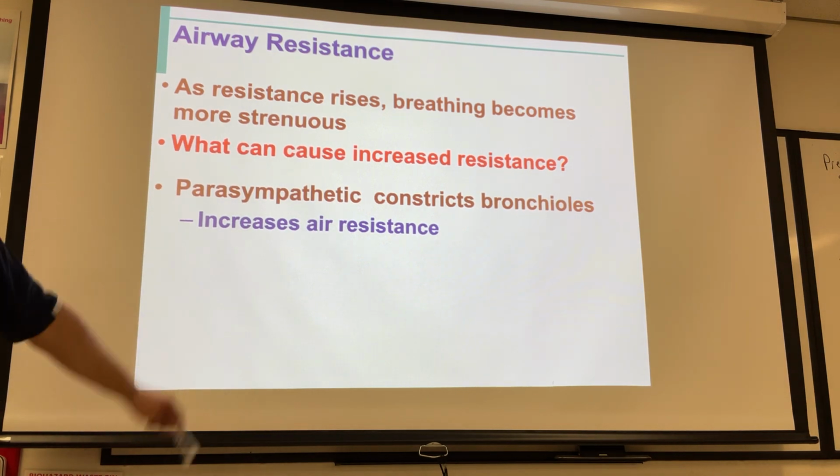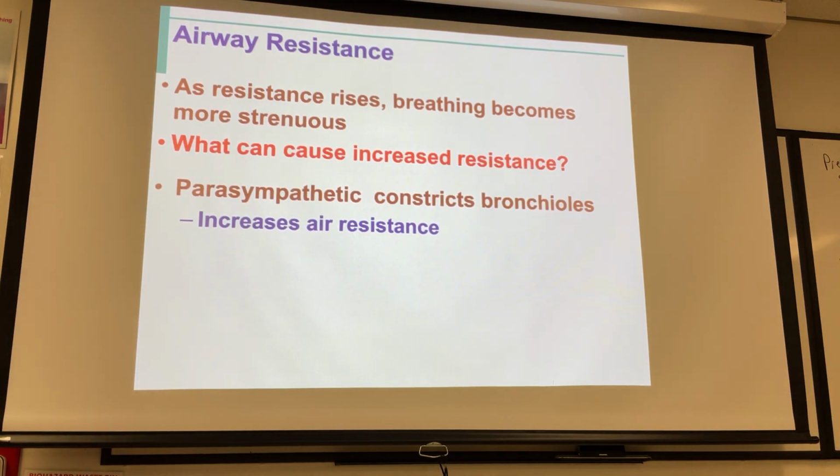As we talked about in 430, those poisonous mushrooms that you can find wandering in the fields up in Tahoe, they stimulate a parasympathetic response. They're parasympathetic agonists. Your heart rate decreases, your blood pressure drops, your airways constrict, your pupils constrict.